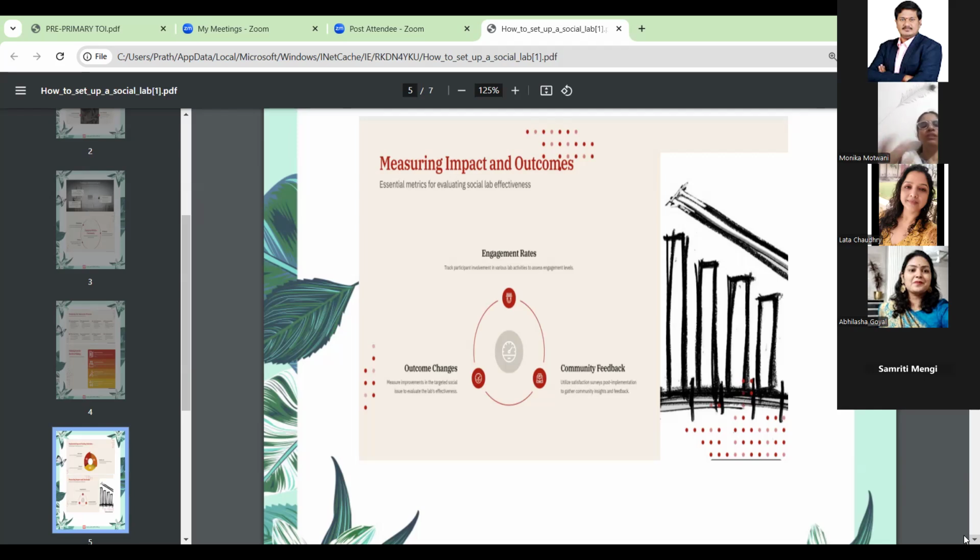See, outcome changes refer to modifications made to the primary or secondary outcomes of something. The next is community feedback. Utilize satisfaction surveys post implementation to gather community insights or feedback. So, done.